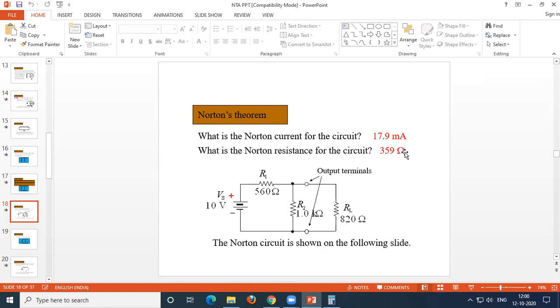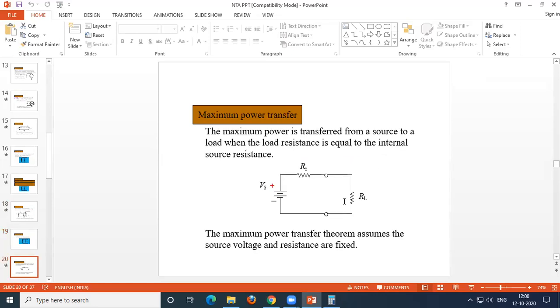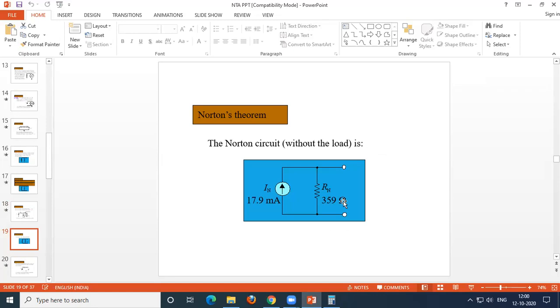After that, the load resistance RL is connected across these 2 points, and we find the current flowing through the circuit, or the voltage across this particular resistor.